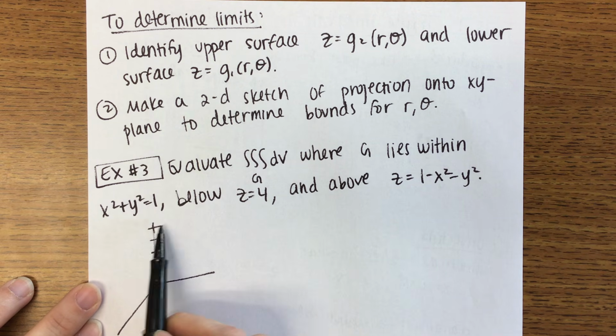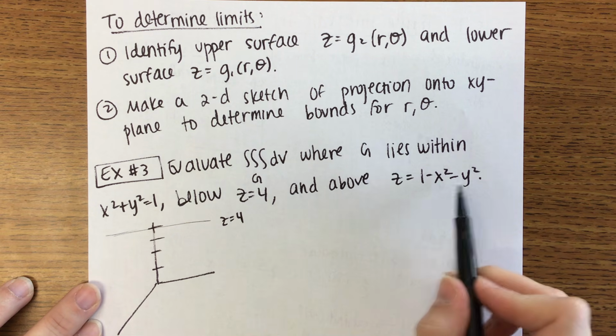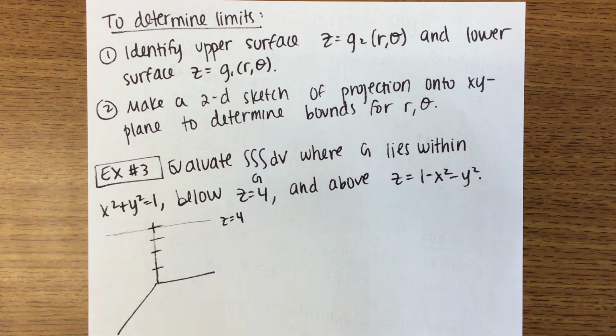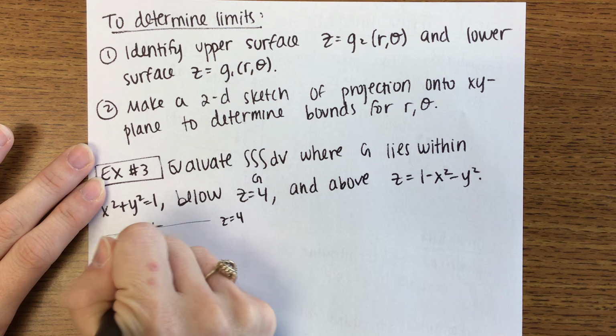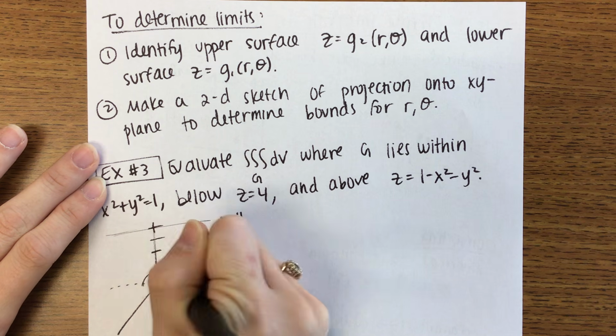I'm not going to draw it yet, but you're going to have a plane up here that's cutting us off. z equals 1 minus x squared minus y squared. It's a paraboloid. Some paraboloid that keeps going down.